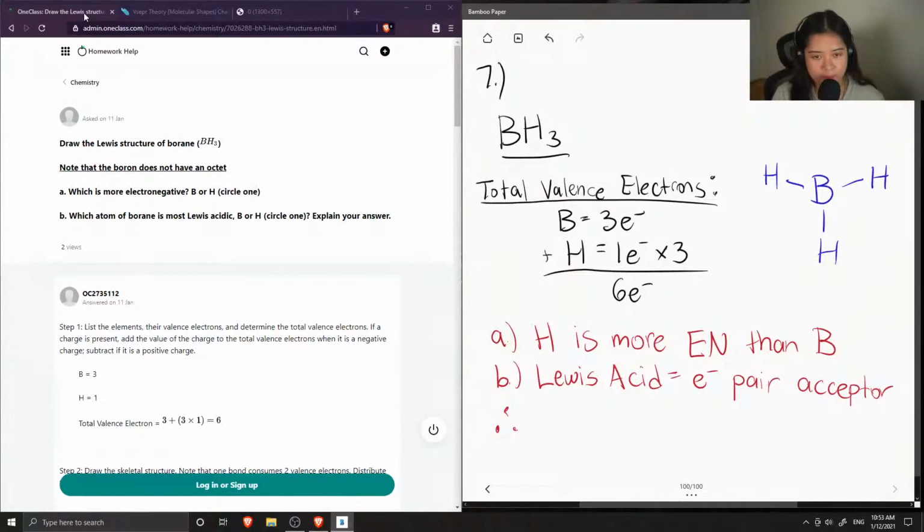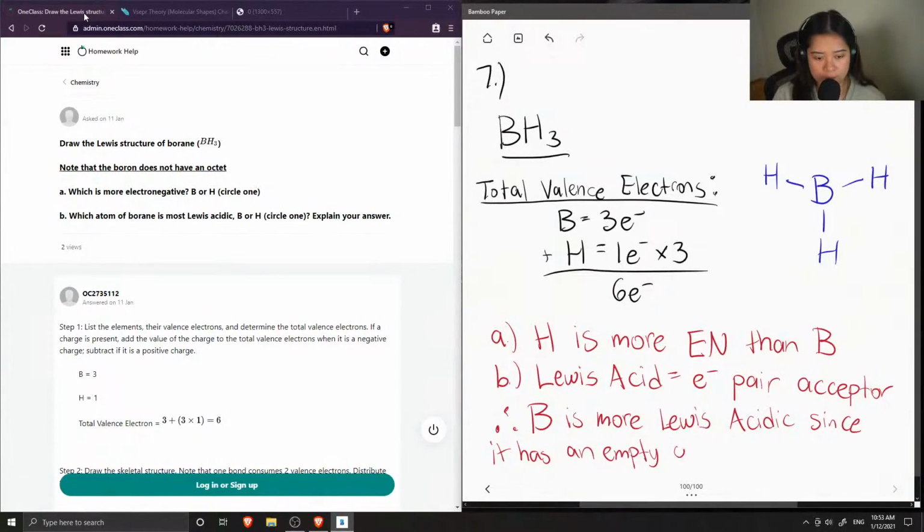So I'm just going to write that. Boron is more Lewis acidic since it has an empty orbital to accept electrons.